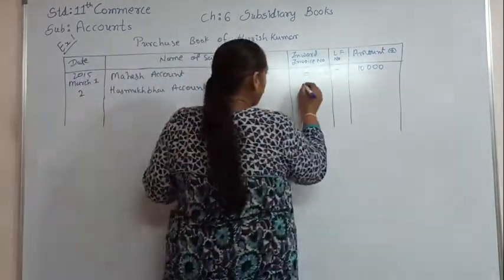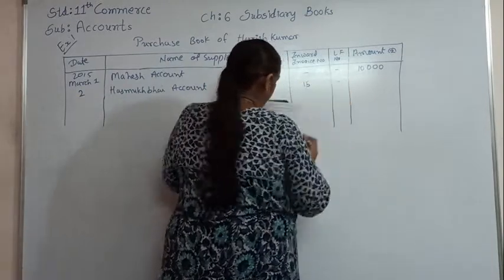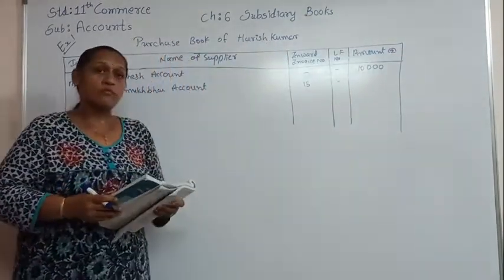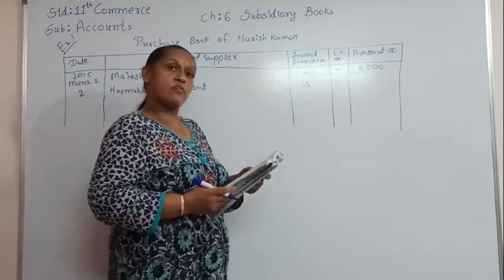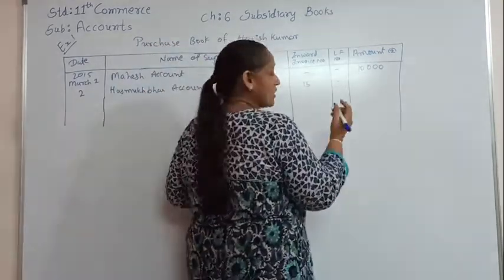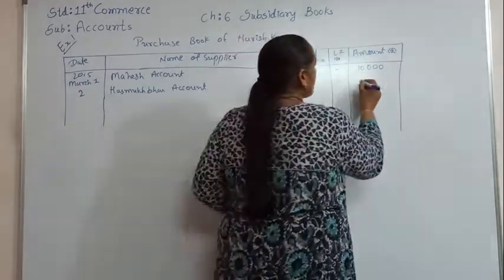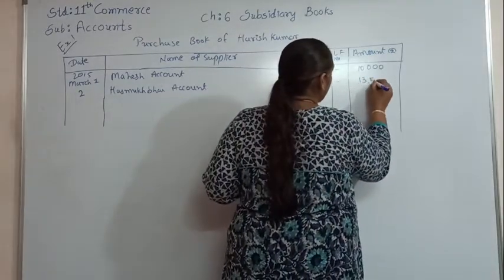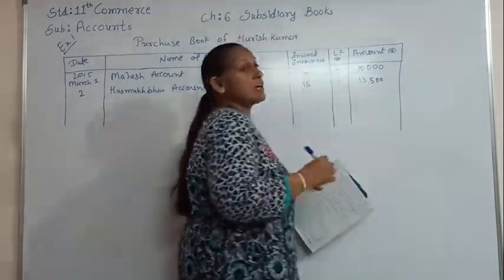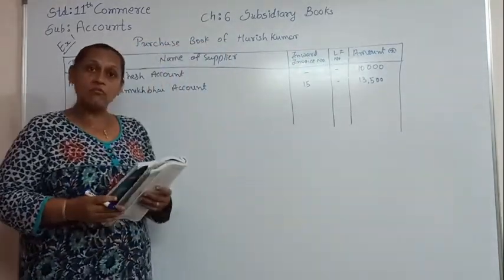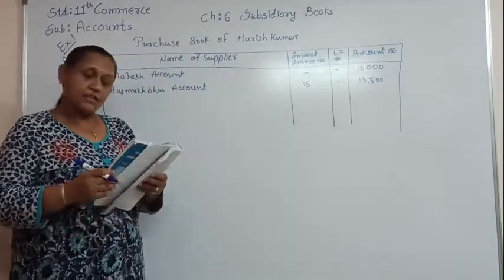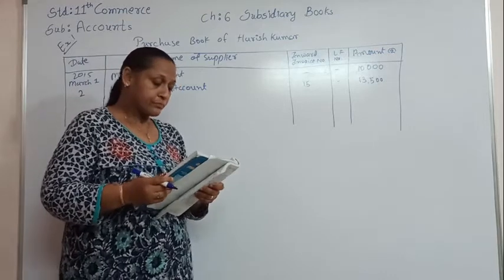So we are going to write the invoice number 15, and the goods of 15,000 at the rate of 10% trade discount. So it will be 15,000 minus 1,500. So it will be 13,500. So this is the amount that we have deducted trade discount, and then we have found it out.